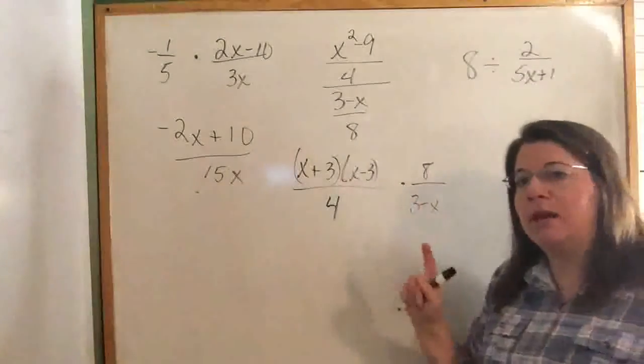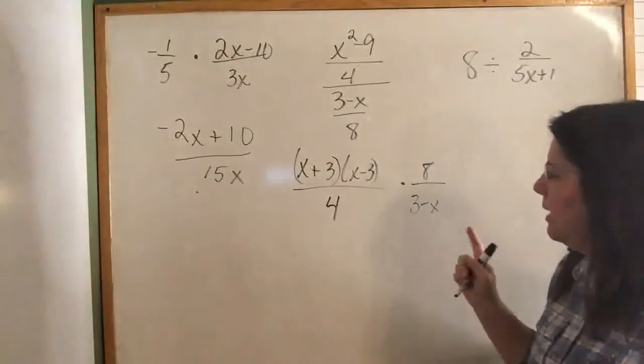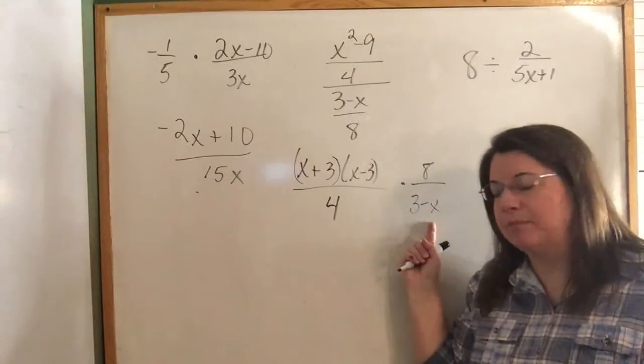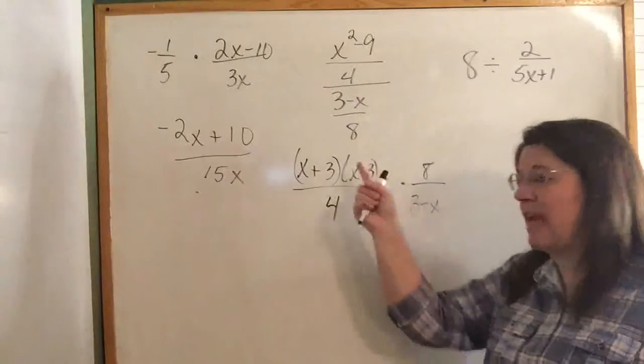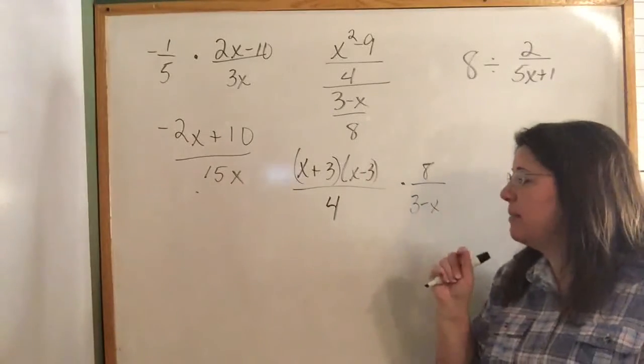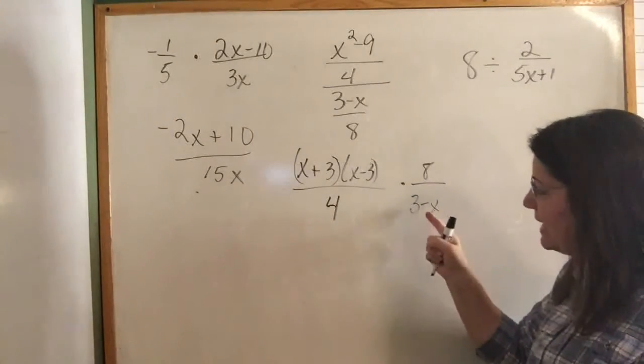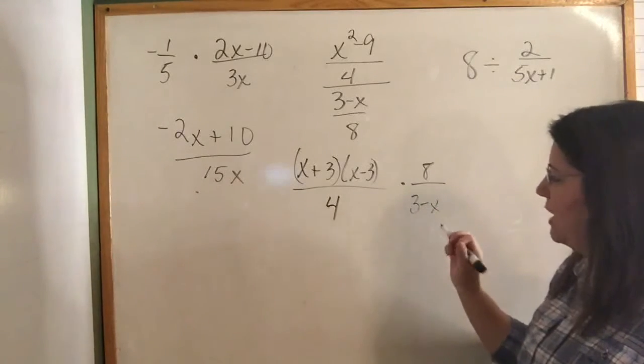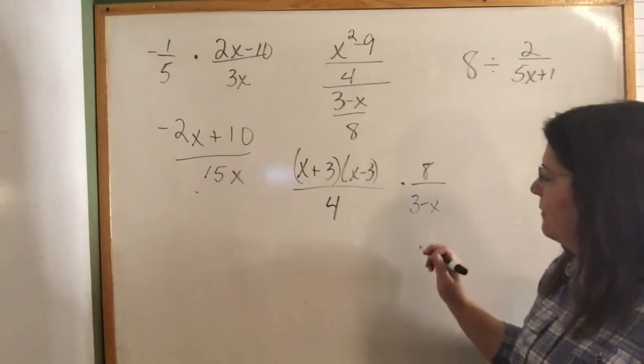Now, this becomes a little bit tricky here. X minus 3 and 3 minus x, they are not the same thing. But it's tempting to just cancel them out. They are very similar in that if I take a negative out of this 3 minus x, if you think about what would happen there, I'm just going to rewrite it.